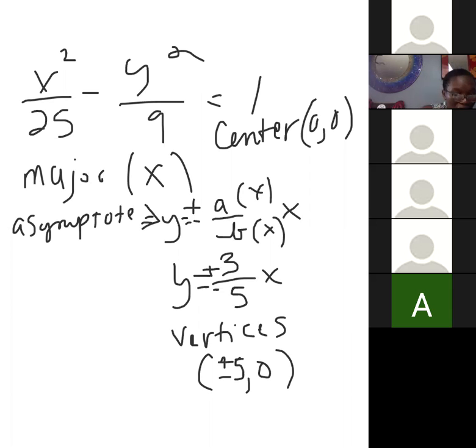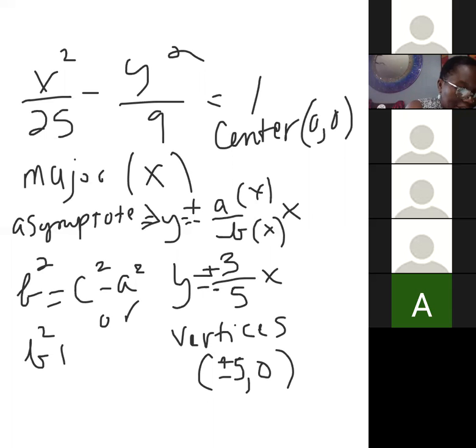Now, when you look at the one for the hyperbola, it's slightly different. It's c squared minus a squared. Do you see that slight difference there? It looks like it's not much, but there is a difference. Okay, in other words, this one is actually b squared plus a squared equals c squared. Do you see that?